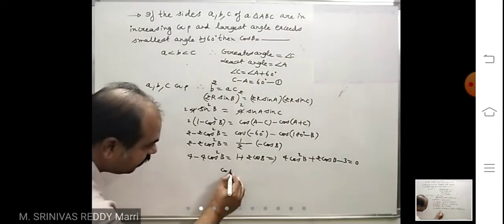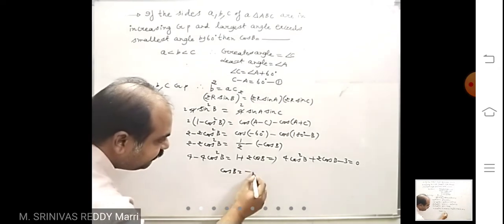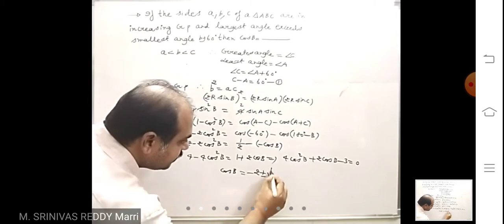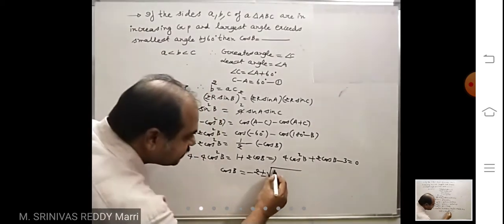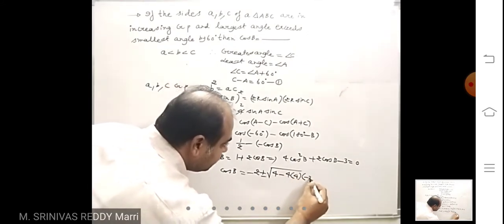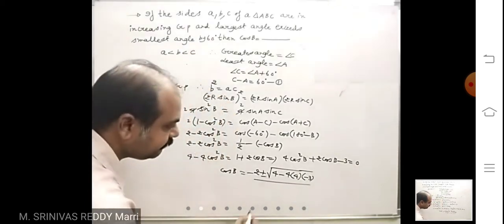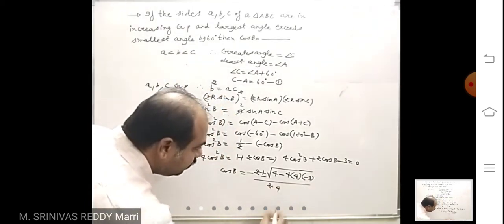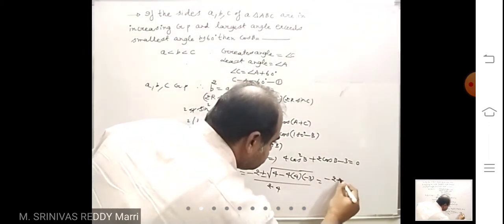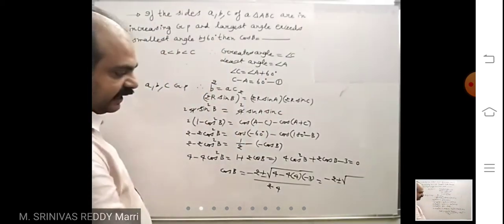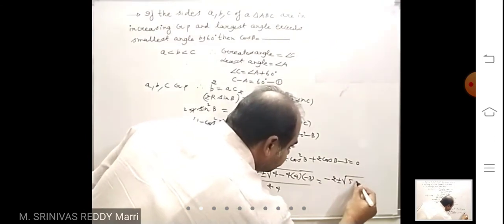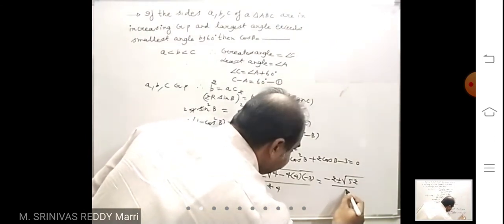So solve the roots. Cos B is nothing but minus b plus or minus root of b square minus 4 into a into c, that is minus 3, divided by 2 into 4. This you will get minus 2 plus or minus root of, look at here, 4 plus 16 into 3, 48, that means 52, divided by 8.